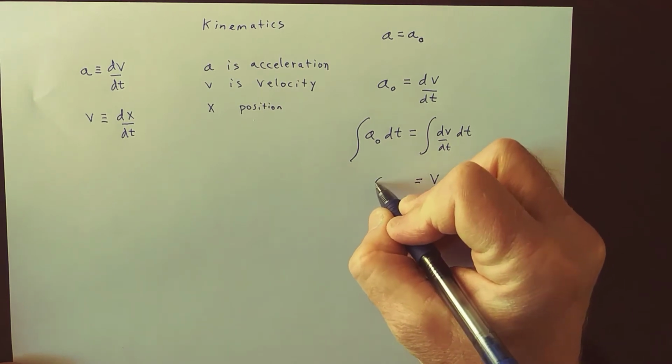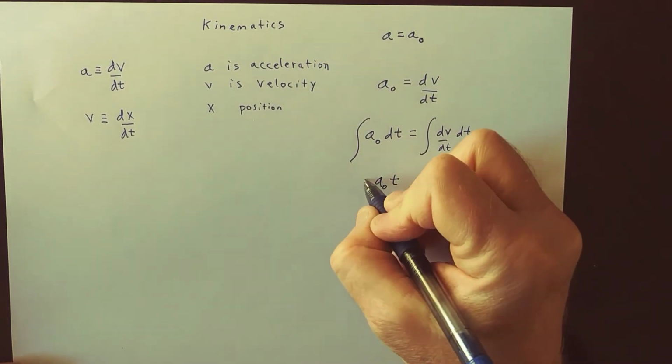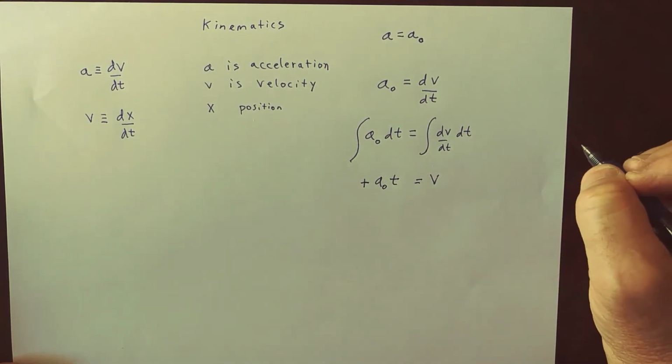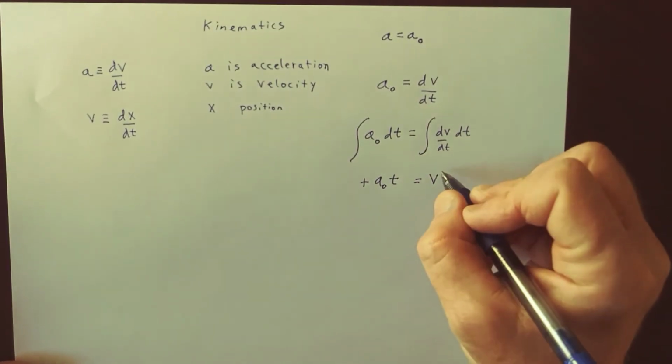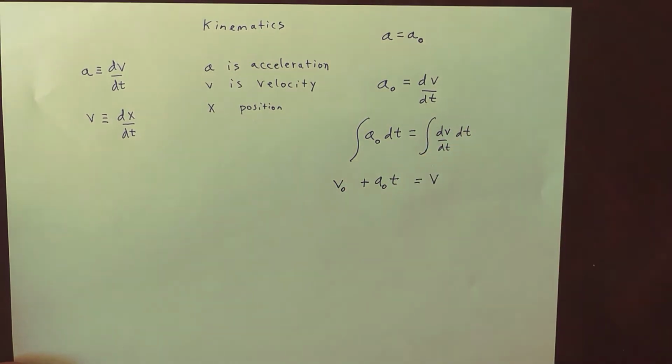So we'll get A naught times t, because A naught is a constant, but we have to add a constant to the result, and it has to be a speed because this equation is about speed or velocity, so it has to be something we call, say, V naught.